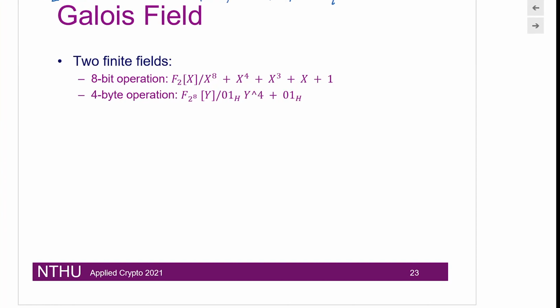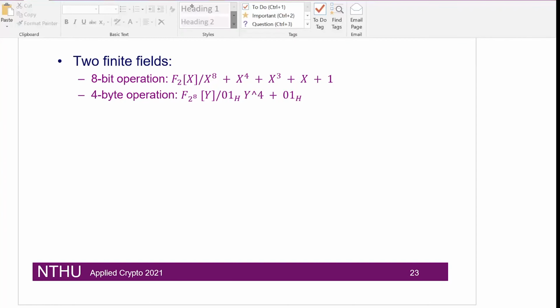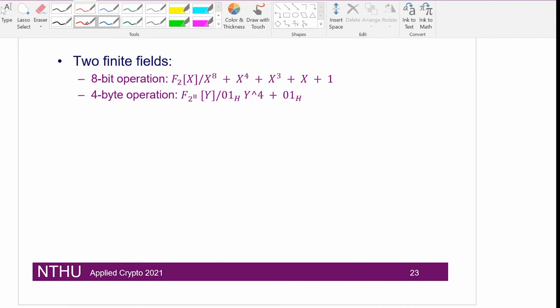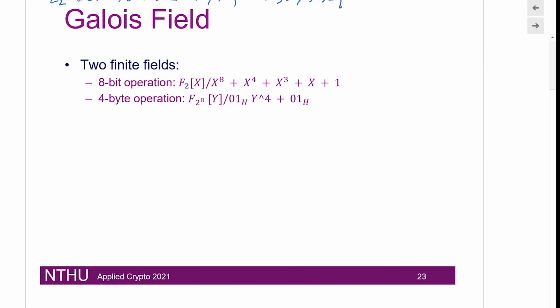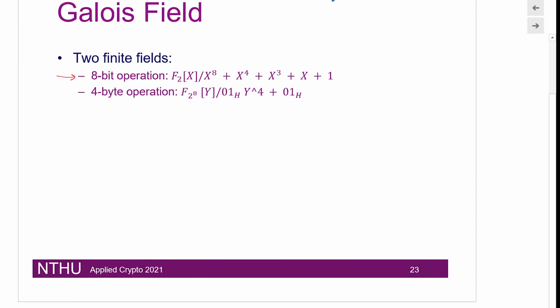Let me change my color. And how much time do we have? Okay, a little bit. So we have two different fields that you could see we define in AES. This one is going to be used in the substitution byte, in the SubBytes algorithm.